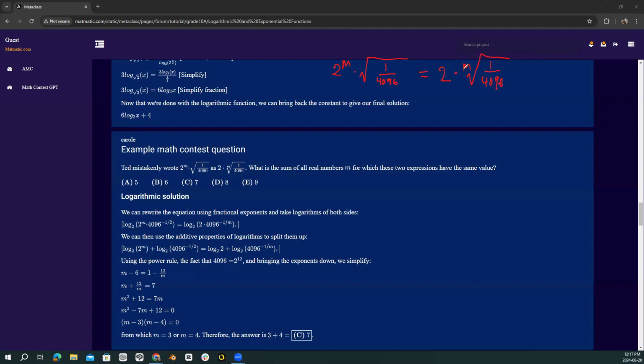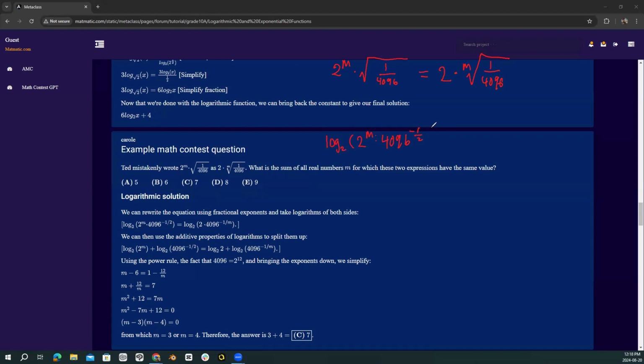So to rewrite this, we're going to add log. We're going to rewrite it as log 2 of 2 to the power of m times 4096 to the power of negative 1 over 2.